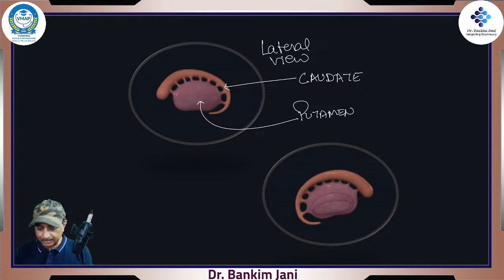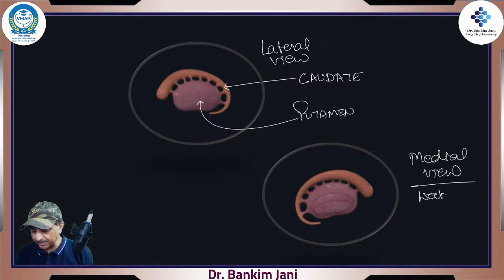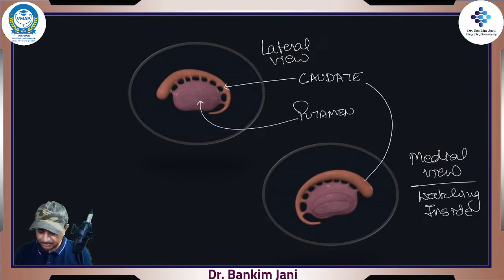This globus pallidus, if we just flip it, is now this one. This is the medial view, as if we are watching it from inside. And here is what we start watching. This is caudate. That's the putamen.